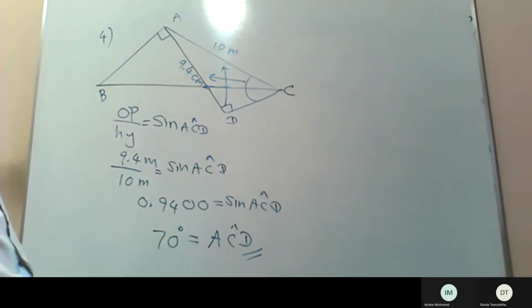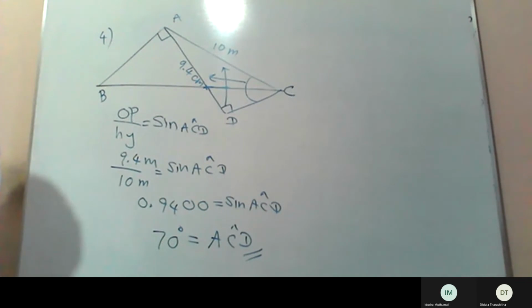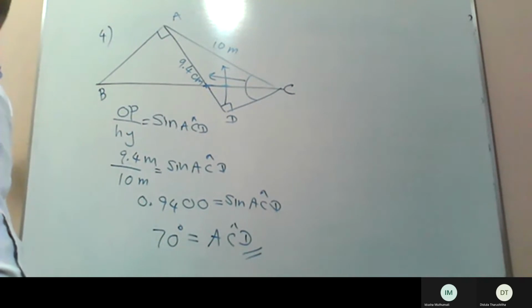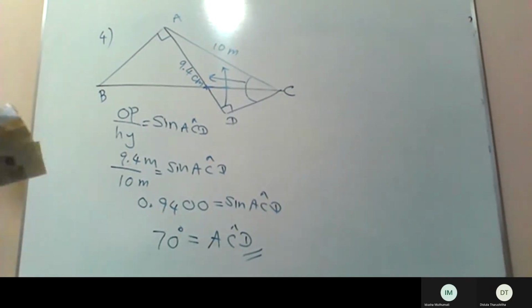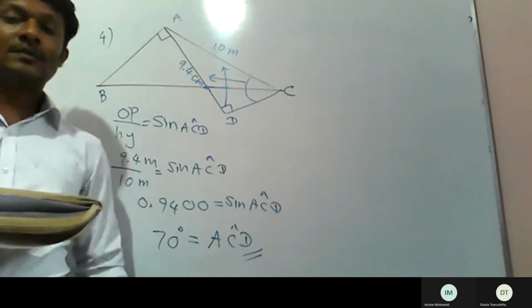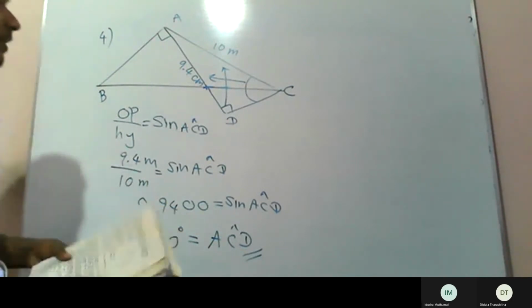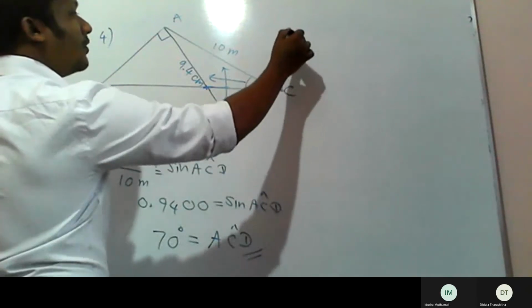Right. Part number 2. The bearing of D from C is 242 degrees. First draw the north line.